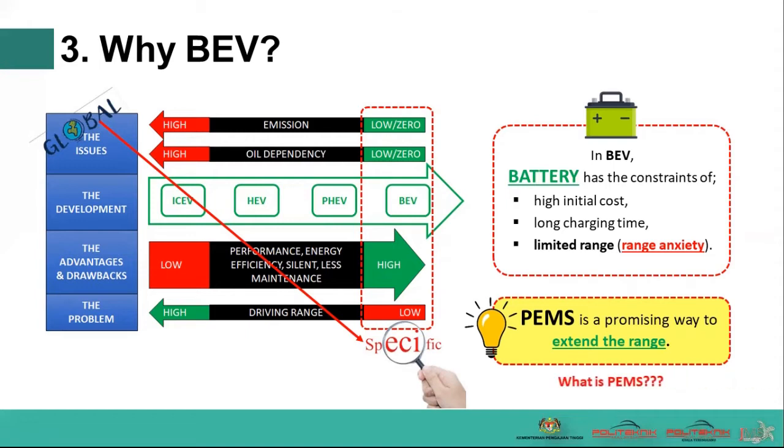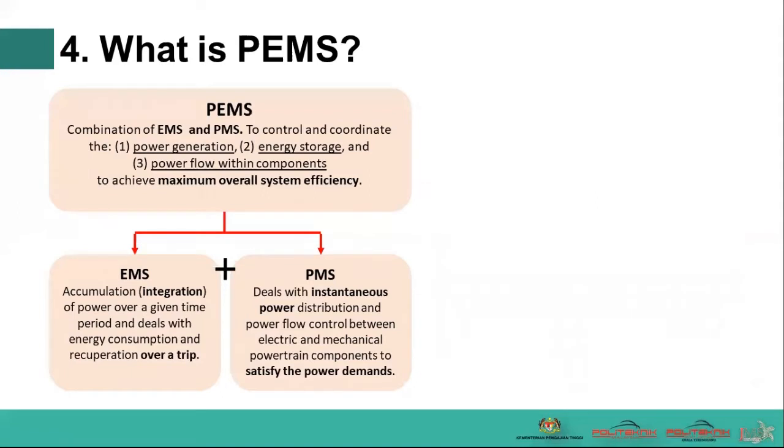But what is a PMS? PMS, or Power Energy Management System, is a combination of PMS and EMS. PEMS serves to control and coordinate the power generation, energy storage, and power flow within components to achieve maximum overall system efficiency.